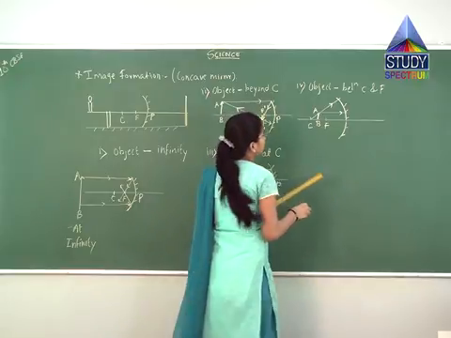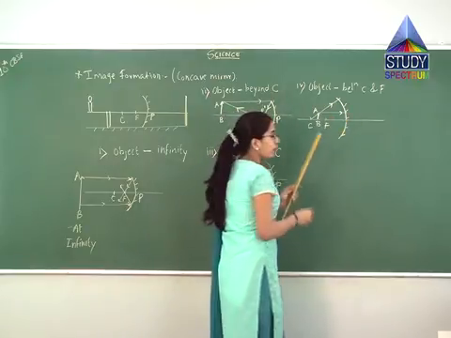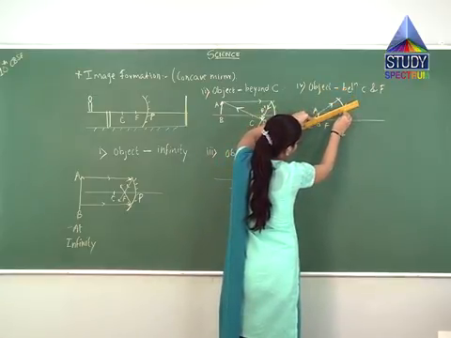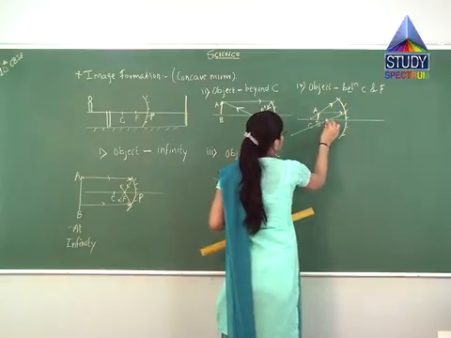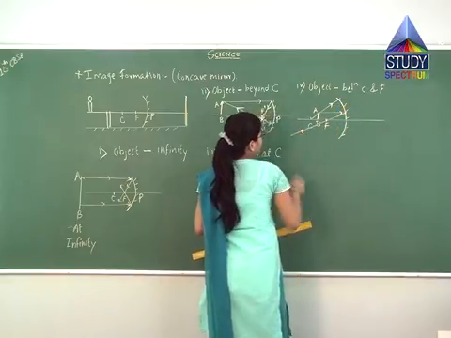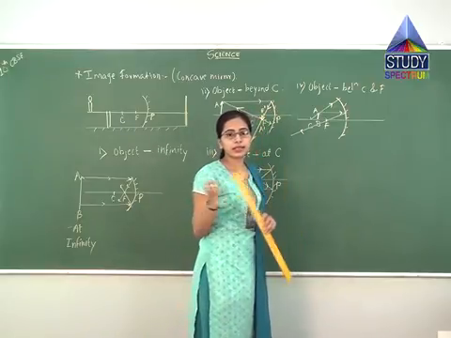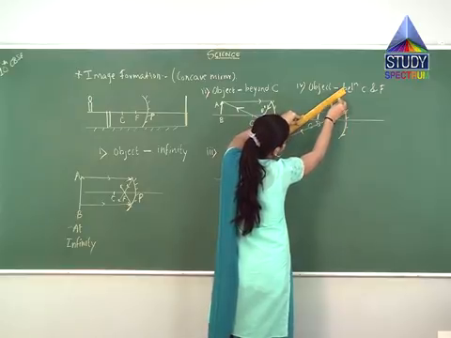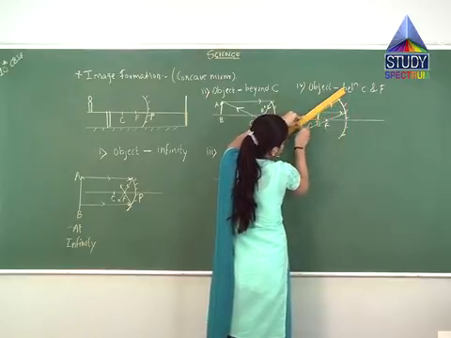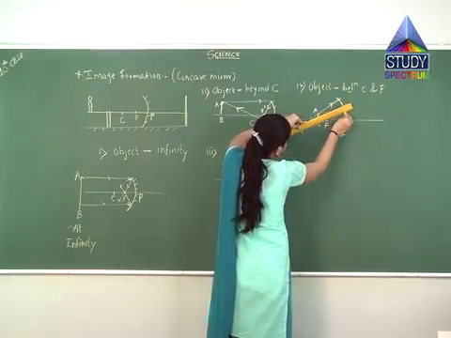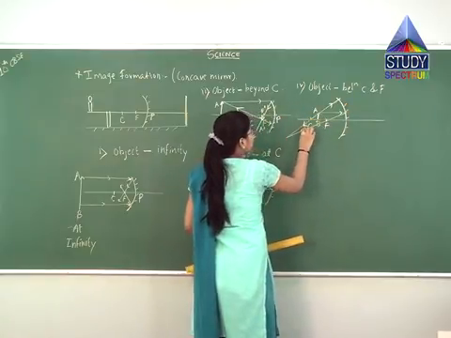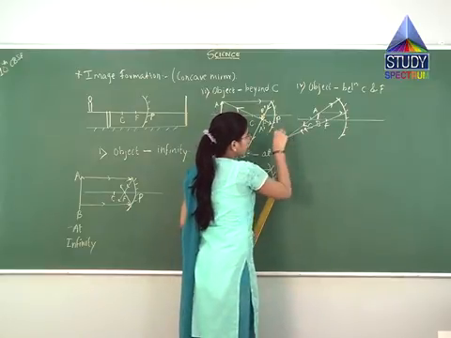After reflection, definitely the ray which is parallel will pass through focus like this, and the other ray which is passing through center of curvature is back reflected, that you know. So now you can see I am getting one point of coincidence due to these two reflected rays, which is here.